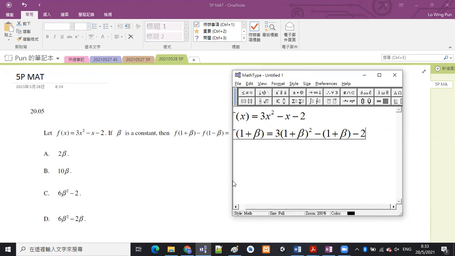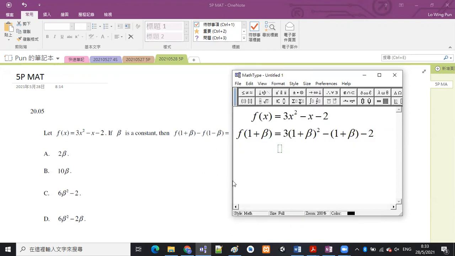Can you get the idea? And then we need to expand the brackets. But careful, this bracket is an (a + b) squared, so we need to use the identity a squared plus 2ab plus b squared to expand the bracket.